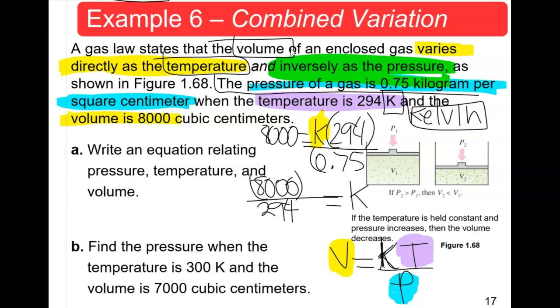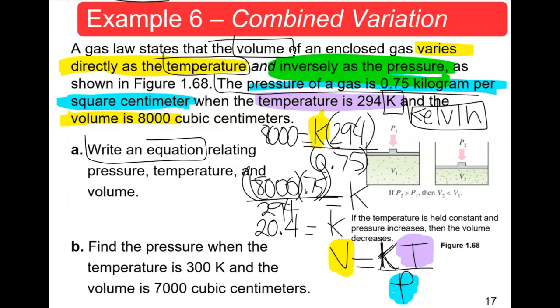And the 0.75 is dividing K, so if we take that across the equal sign, it will be multiplying. So I'm going to multiply 8,000 times 0.75, and then divide that result by 294. And so K is approximately, rounding to the nearest tenth, 20.4.